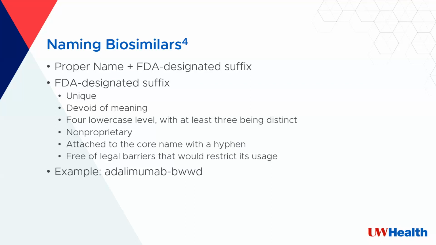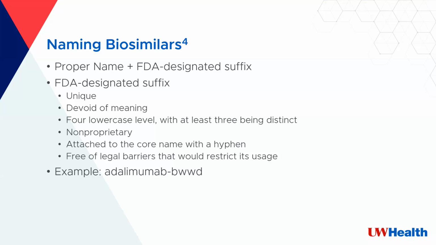The FDA requires that this suffix must be unique and without any meaning, and it should not spell a word or contain any proprietary information. It has to have 4 lowercase letters, and of these letters, 3 of the 4 must be unique. So there can only be 1 duplicate letter. So, rounding out our naming discussion here, one of the Humira biosimilars that will be released soon is adalimumab-bwwd.